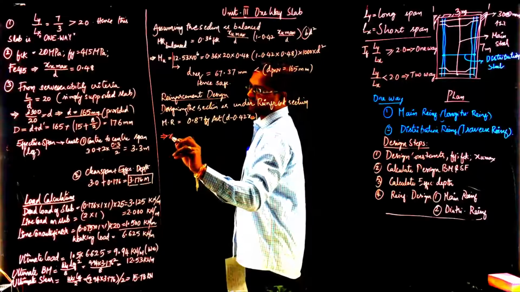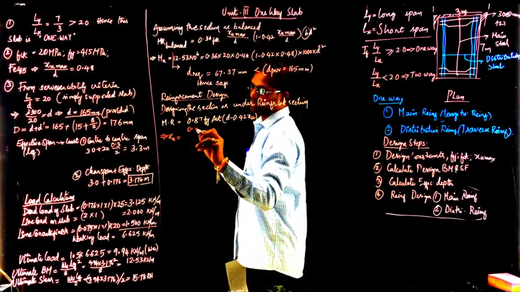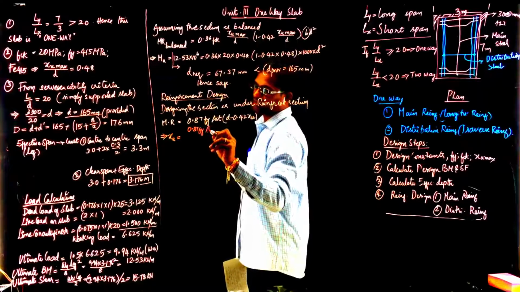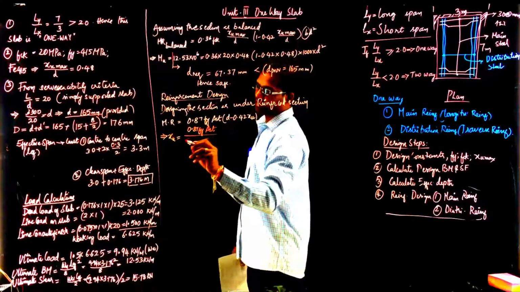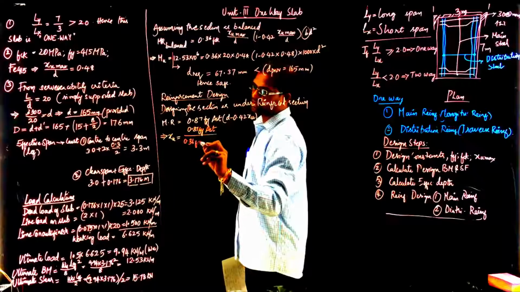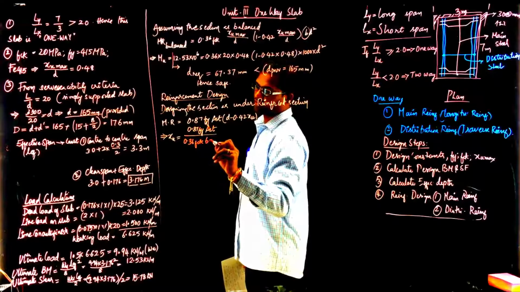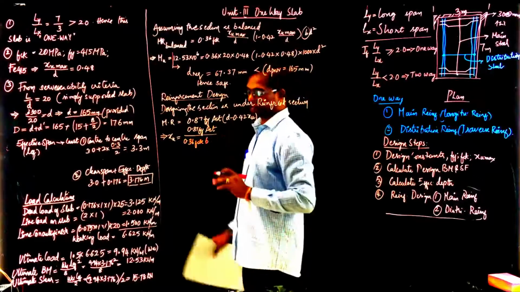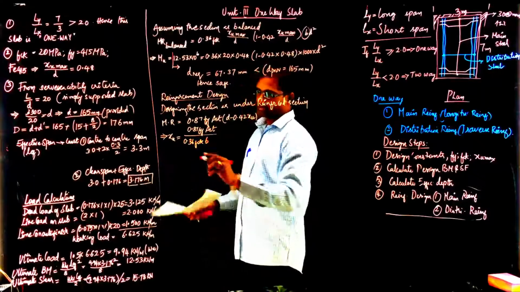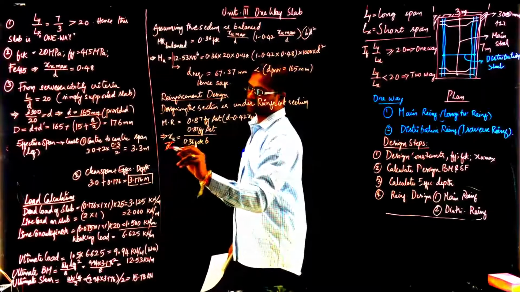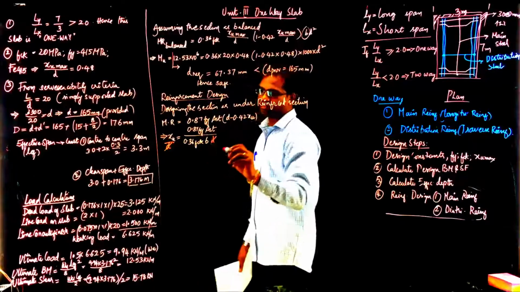Now xu we know as 0.87 fy Ast divided by 0.36 fck b d. Here d is not there, because in the code book it is given like this, so d will get cancelled.